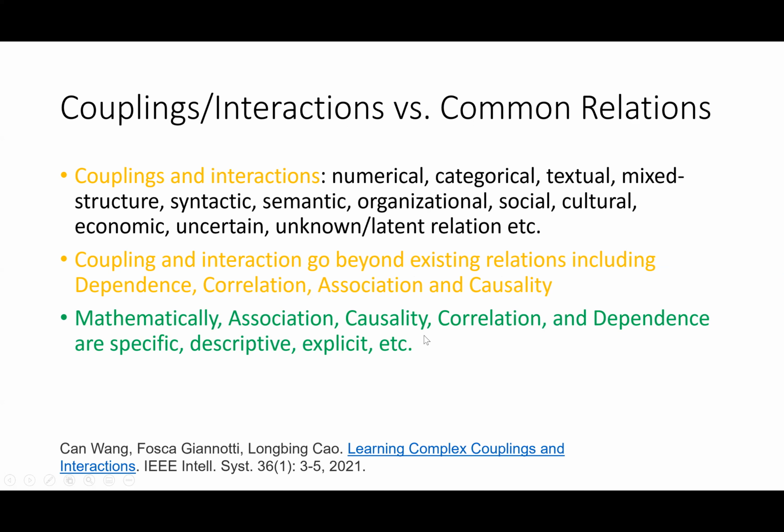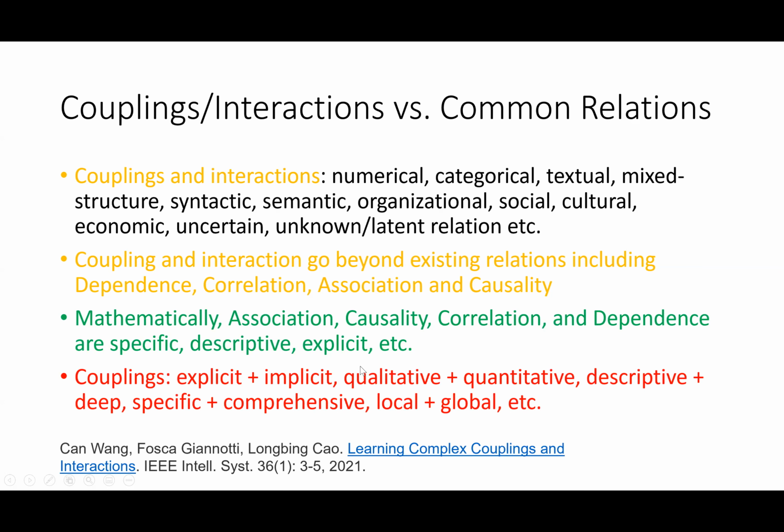Okay, so that's why I say that mathematically there's a well-defined relation, either pairwise or for multiple, and more specific, descriptive, and more explicit in some way as well. Explicit means you basically build them on top of the observation.